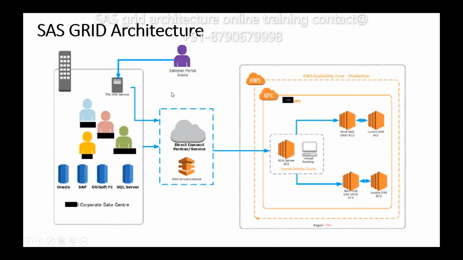But in our organization, the color codes are different tenants or different businesses. So let's say four businesses or tenants are connecting to one single SAS grid environment.